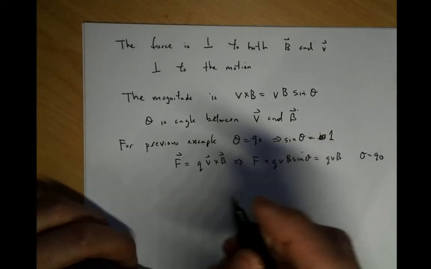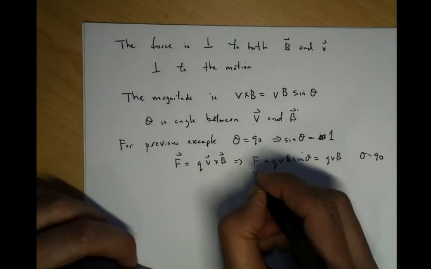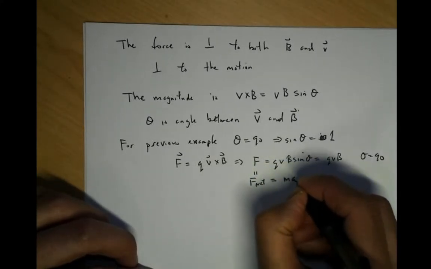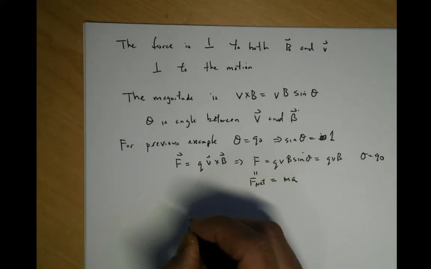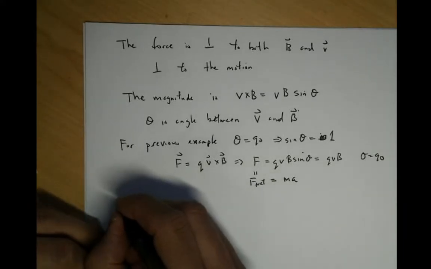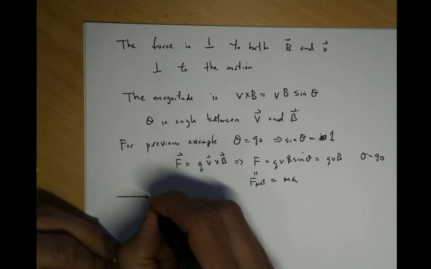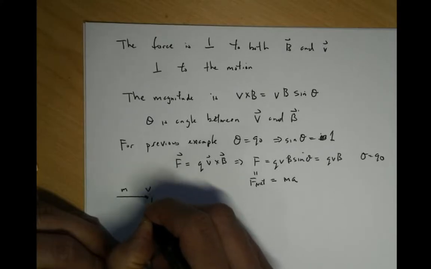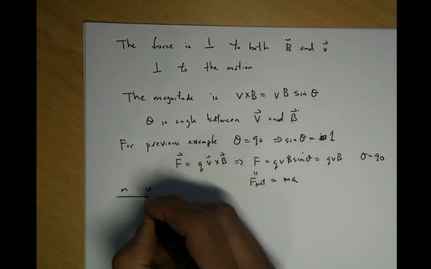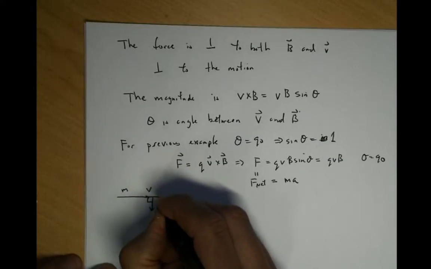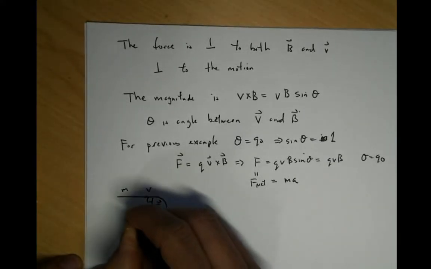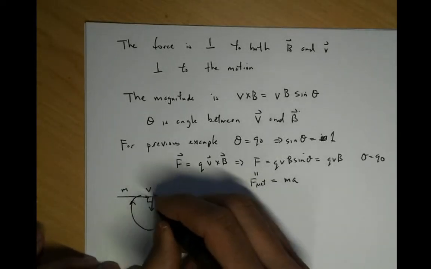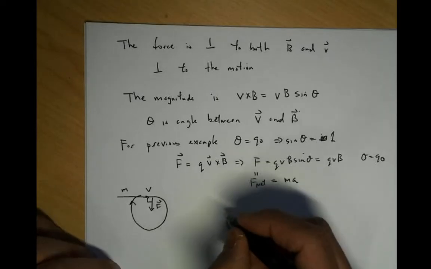All right. Now, if this is the only force, this is also equal to F net, the net force, and that's equal to mass times acceleration, right? So, if we draw what this thing looks like, this is velocity, right? This is the mass of that particle. There's my force here, right? The force is at 90 degrees. It will cause this thing to basically fly around in a circle, okay? Because the force is perpendicular to the direction of motion, right?